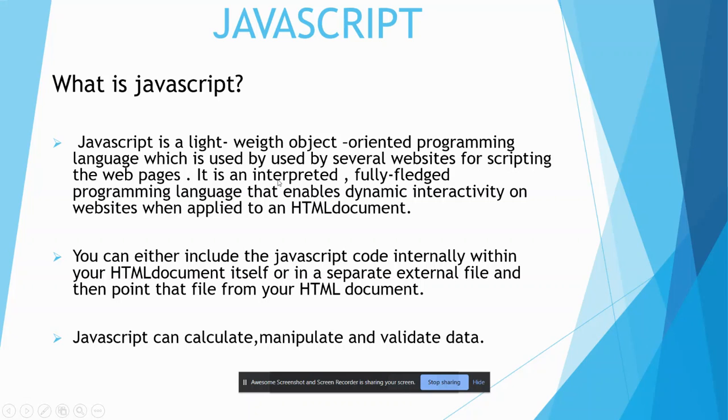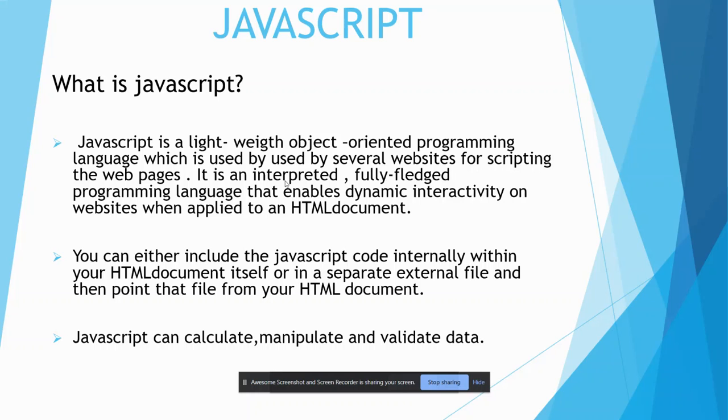It is an interpreted and fully fledged programming language which enables dynamic interactivity on websites when applied to an HTML document. Here again, we don't know what an interpreted programming language is. Generally, programming languages are of two types. One is compiled language and another one is interpreted language.